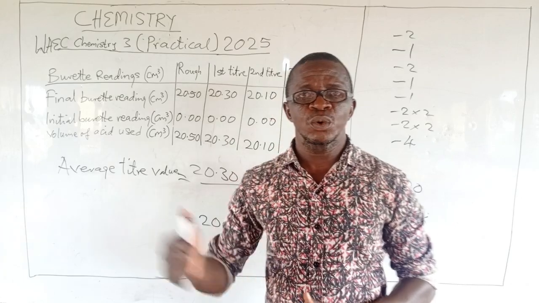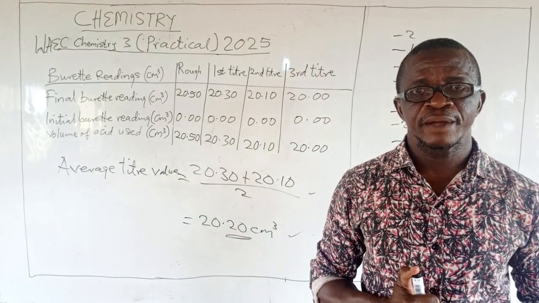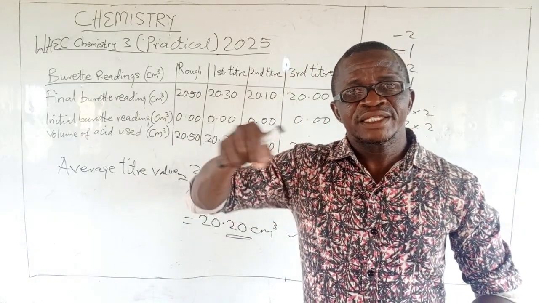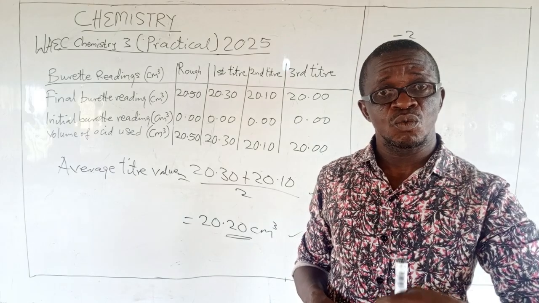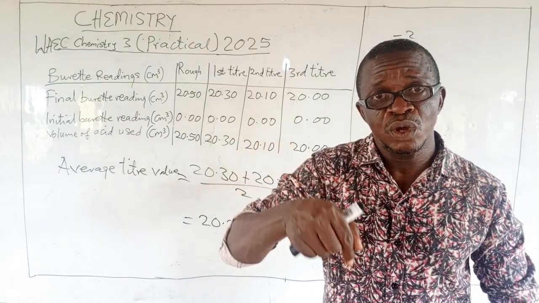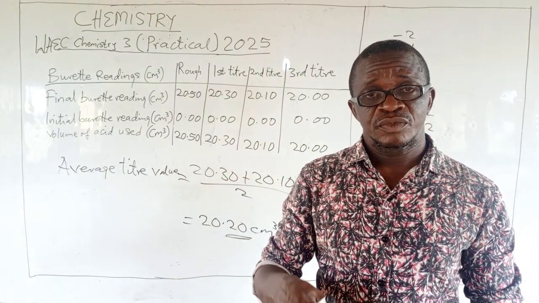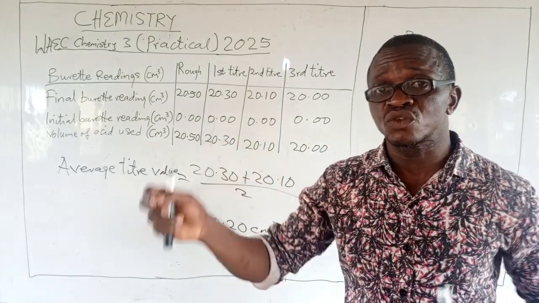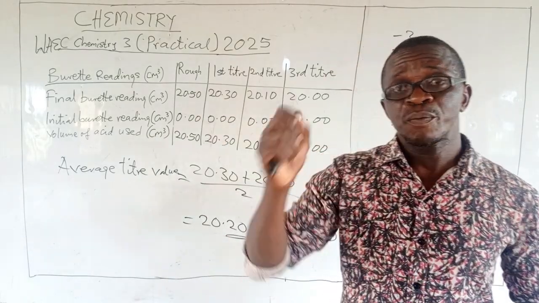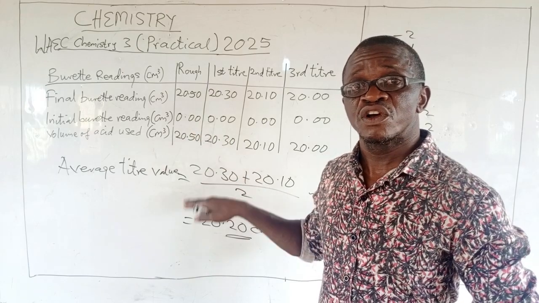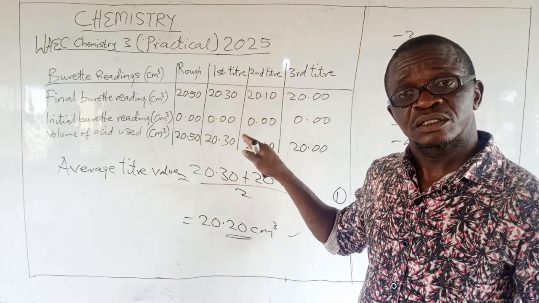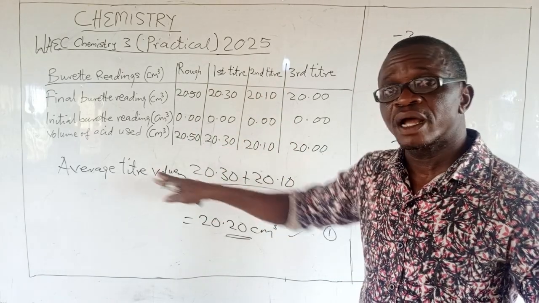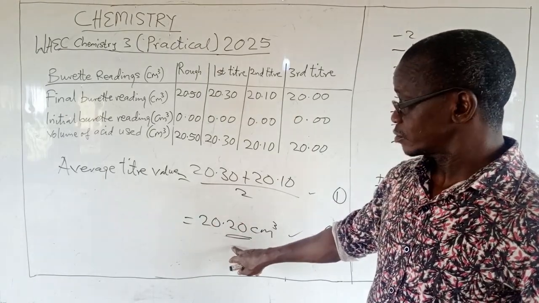Because the day you will write this practical WAEC, the WAEC examiner that will come with the question will give your school teacher that is handling chemistry a form to fill. And then that person will fill the values. First titre, second titre, third titre, average.